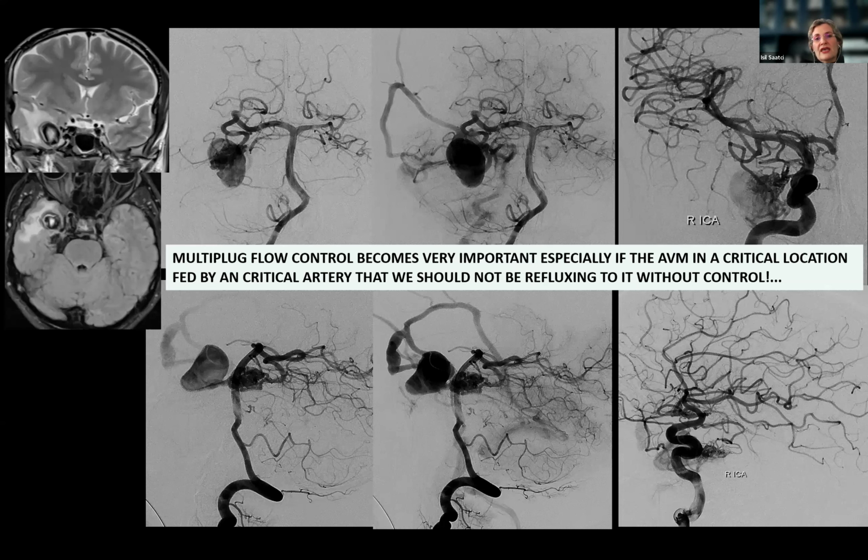If the AVM is in a critical location, multi-plug flow control becomes even more important, so that we should not be refluxing to any critical artery, as in this one, the anterior choroidal artery, a hippocampal small AVM with a big venous aneurysm with a surrounding edema.